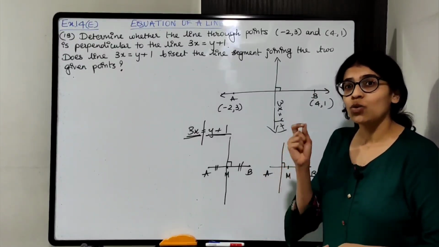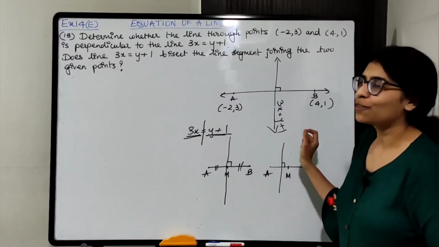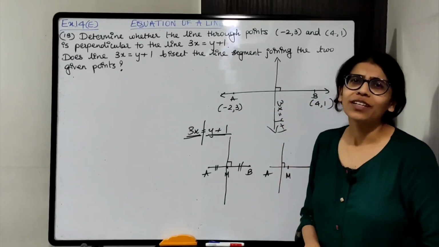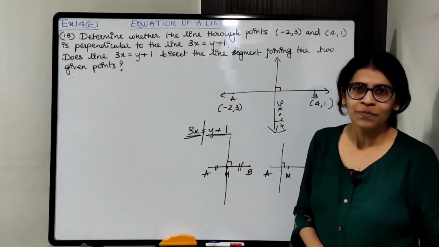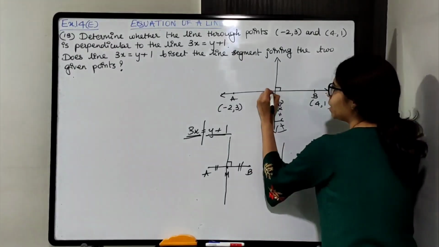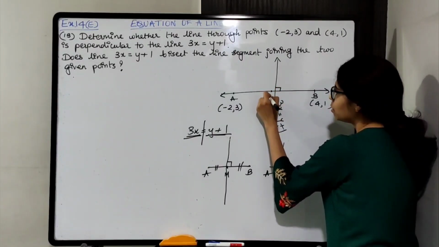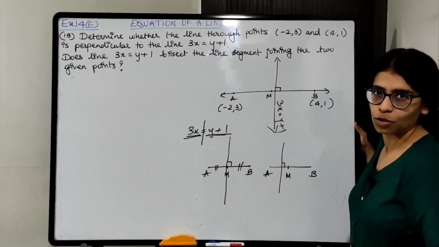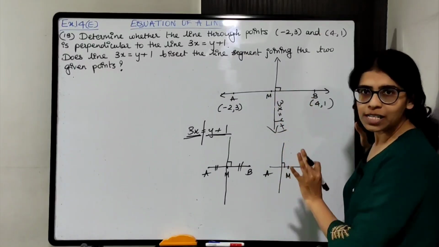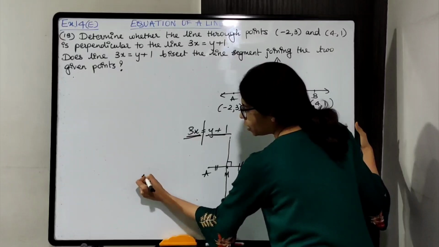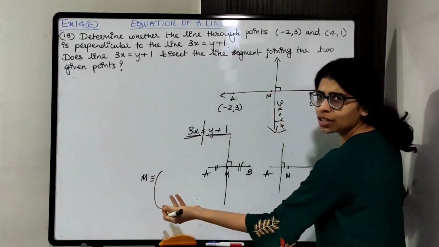ओके, सो फर्स्ट थिंग दैट वी नीड टू डू इज फाइंड द कोऑर्डिनेट्स ऑफ मिड पॉइंट ऑफ AB. Easily find out कर सकते हैं coordinates of midpoint using midpoint formula. So let's say there is some midpoint M. I'm not taking it on the line because we have to find out whether it is the bisector or not. So let's say there is some point M, okay, which is midpoint of AB. So M का coordinates easily मिल जाएगा.